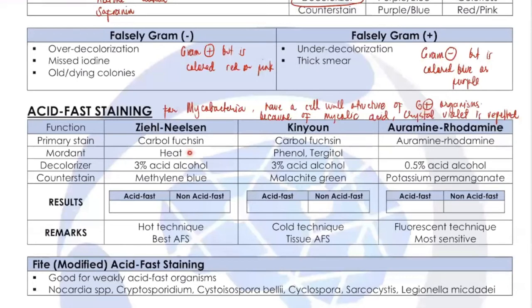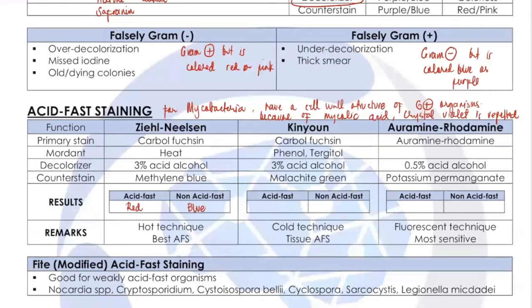The mordant is heat, which is why it is called the hot technique or the hot acid-fast technique. The decolorizer is 3% acid alcohol and the counter stain is methylene blue. Of course, acid-fast organisms will take up the carbol fuchsin appearing red, whereas non-acid-fast organisms will be colored blue because of the counter stain.